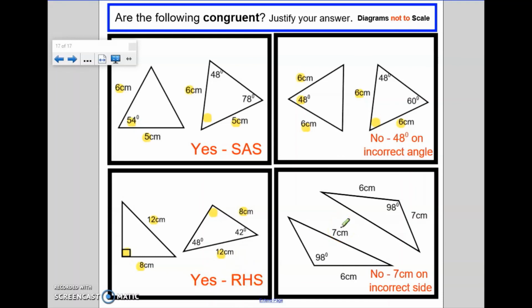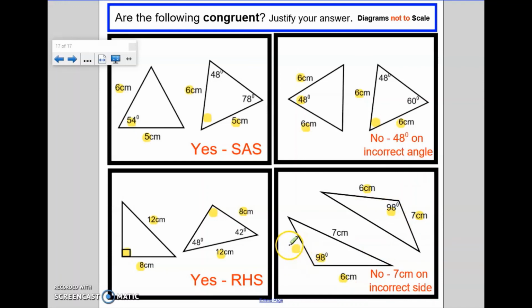For the last question, there's a couple of different ways of justifying this. We do have side, angle, side. And then if I look down here, we've got side, angle, side, but there's no angle here. So the 98 degrees is in an incorrect place. Or we could look at it as side, angle, side going the other way, side, angle, side.